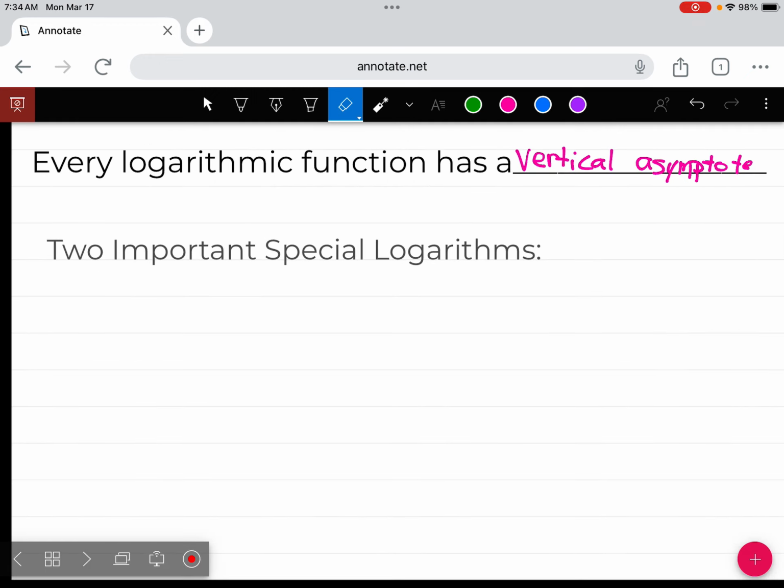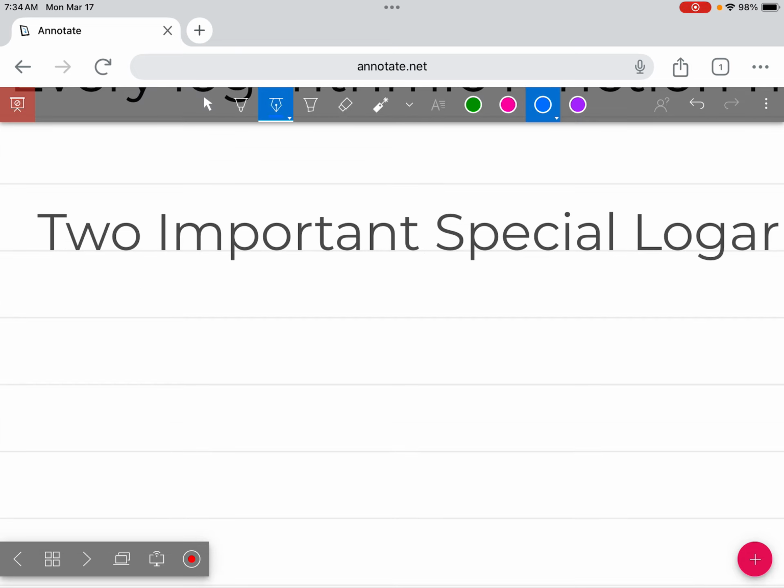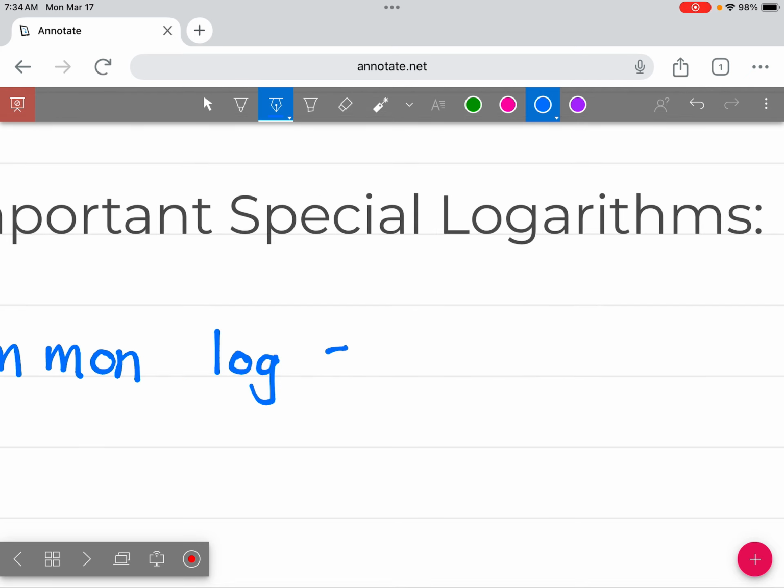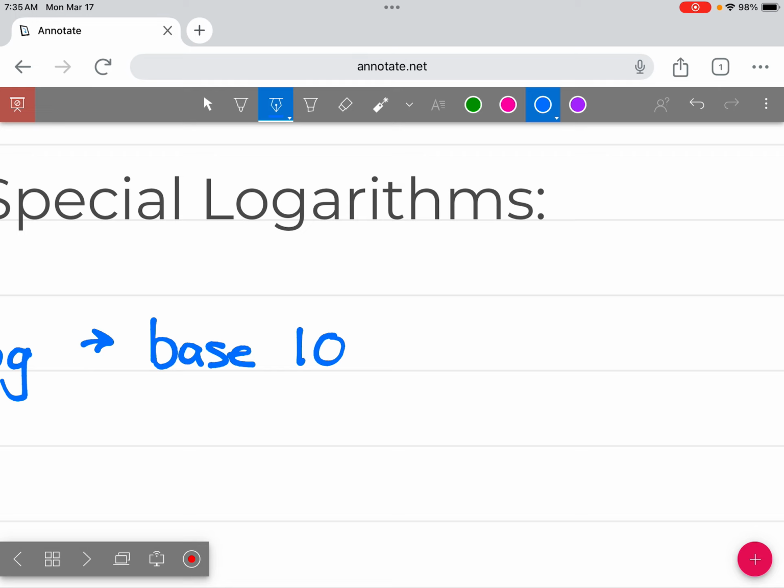And then we're going to have two special important logarithms that we're going to need to know. The first one is called the common log. That means it has a base 10. And we have two different ways we can write it.